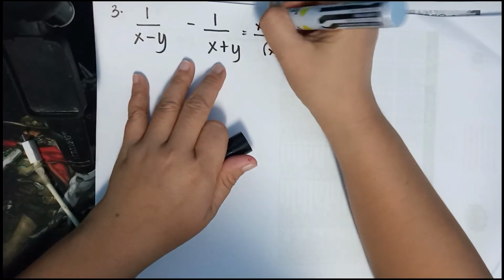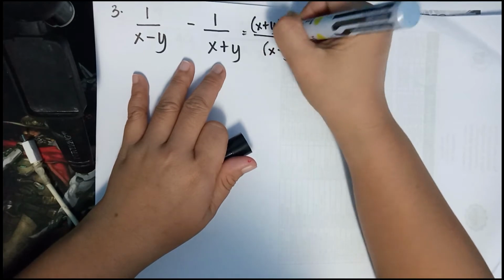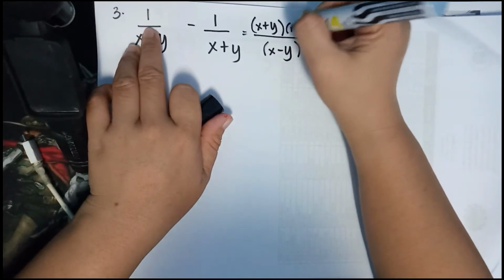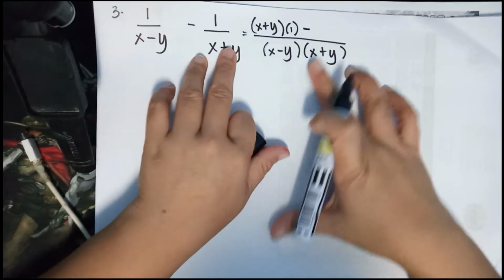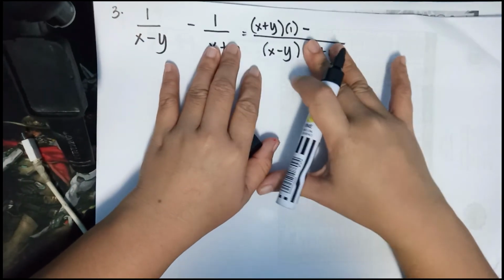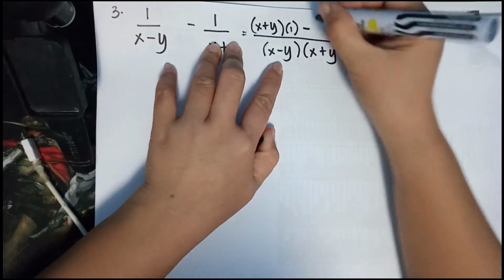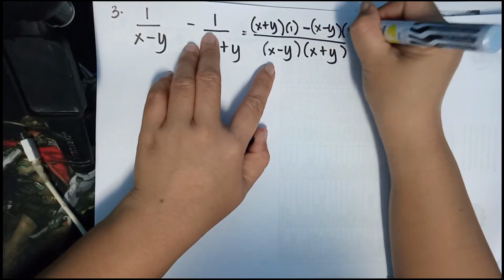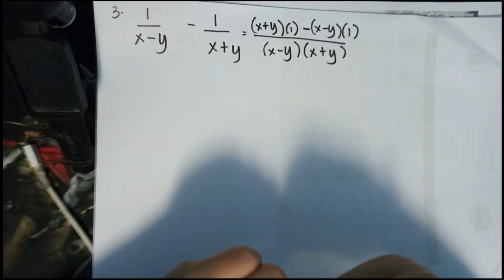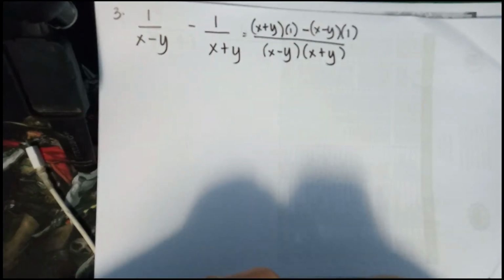Copy x plus y and multiply by the numerator which is 1. Minus, for x plus y, we have x minus y as a remaining LCD. Multiply by 1. That will be our numerator.